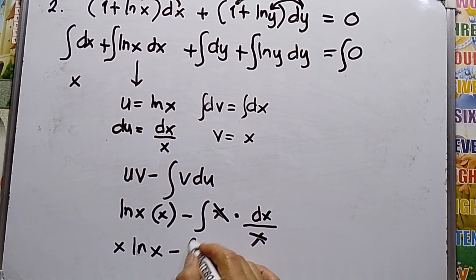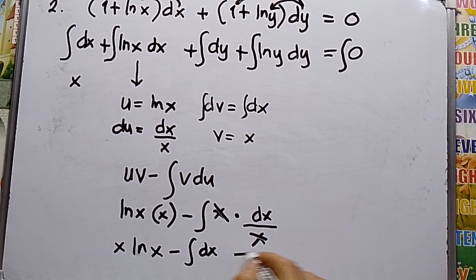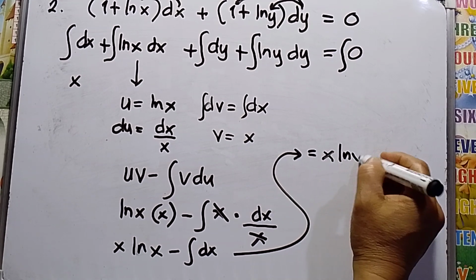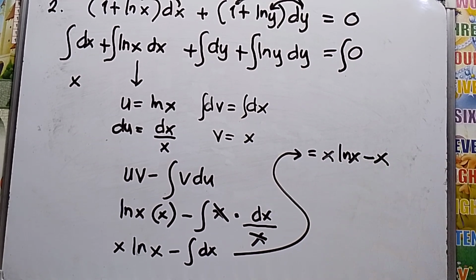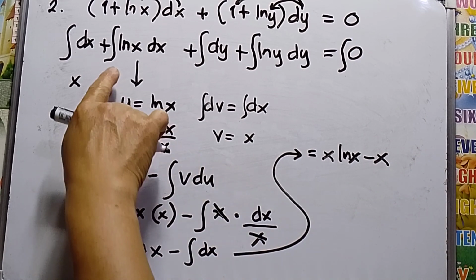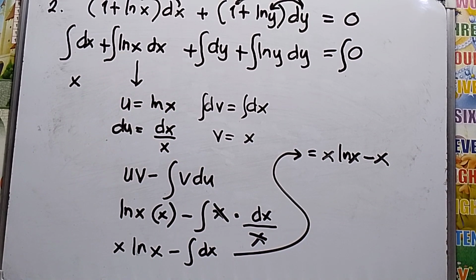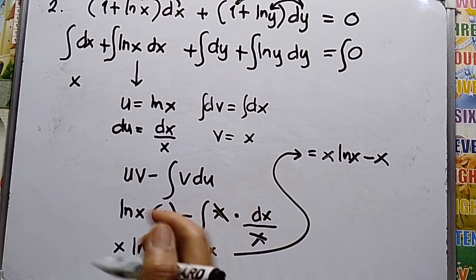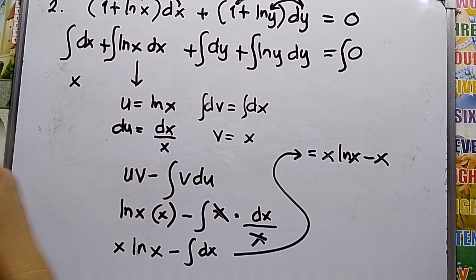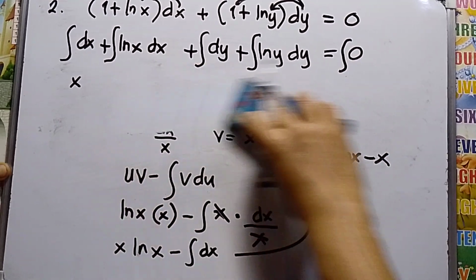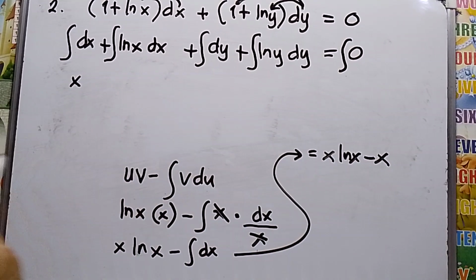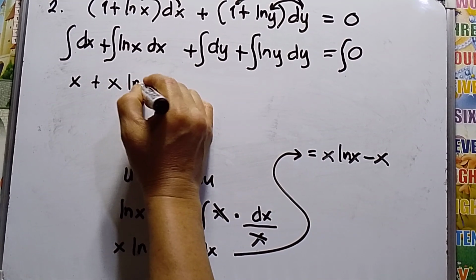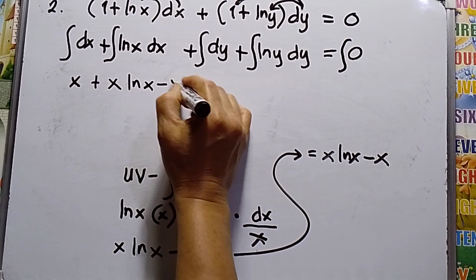Then this will be integral of dx. So this will be x ln x minus x. So therefore, the answer for integral of ln x dx is x ln x minus x. Okay? So I need to erase because of the limited space on my whiteboard. So this will be plus x ln x minus x.